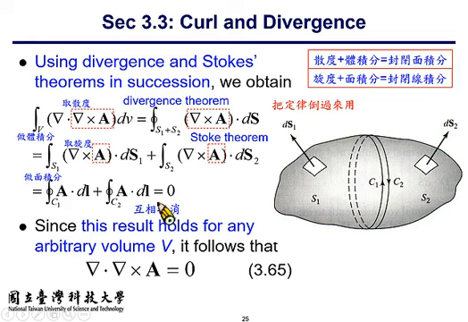So it must go to 0 because they cancel each other. So that we can verify this vector identity, that is, for any vector A, if you take the curl operation first, then the divergence operation later, you always end up with 0. All right?